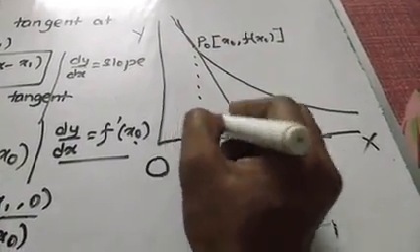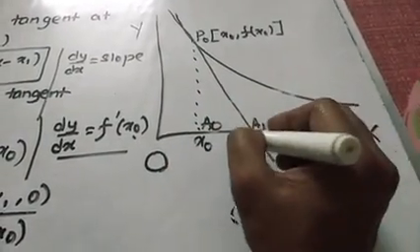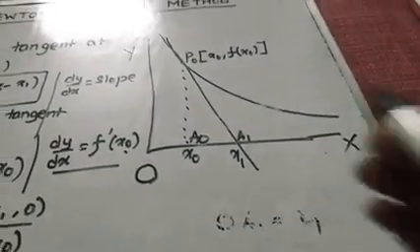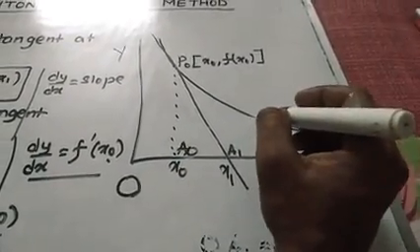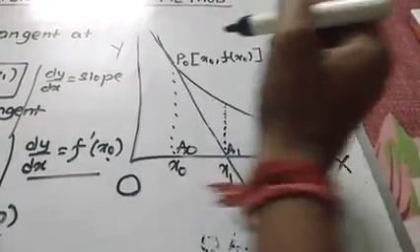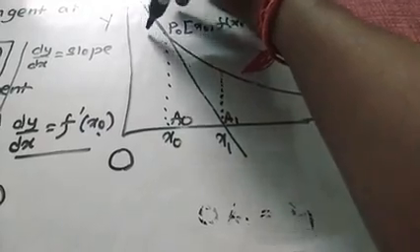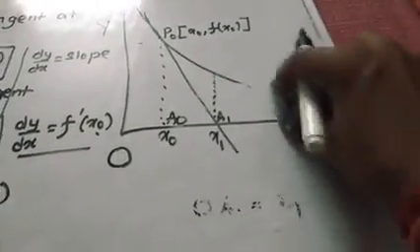This distance was A0 because the distance is x0, A1 distance x1, A0 distance x0. Okay, again from this particular point we are going to draw another tangent, which we have drawn here.